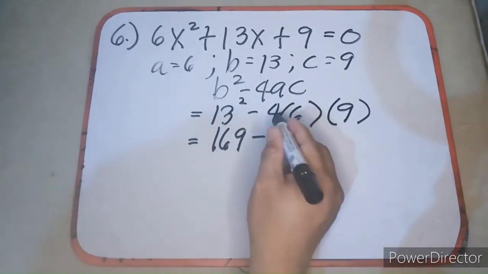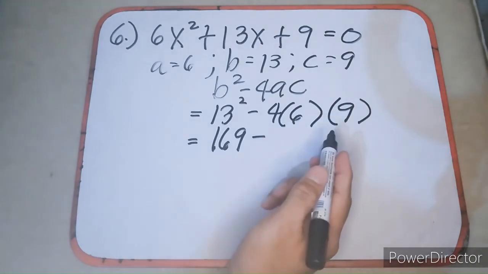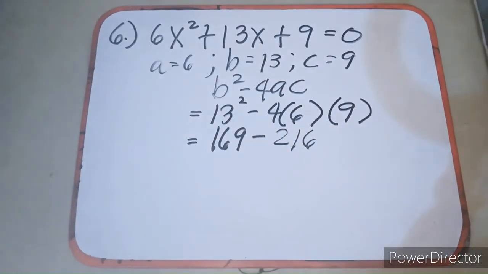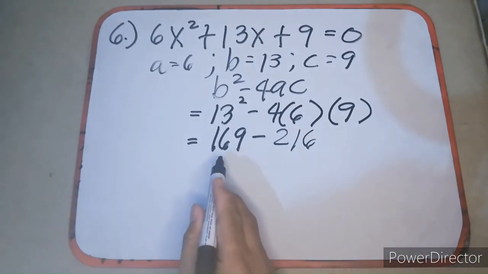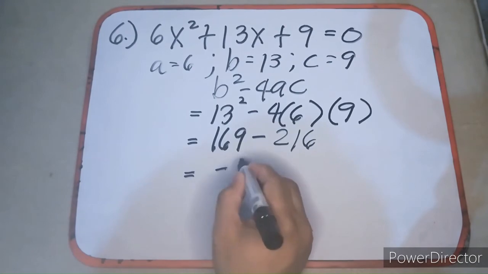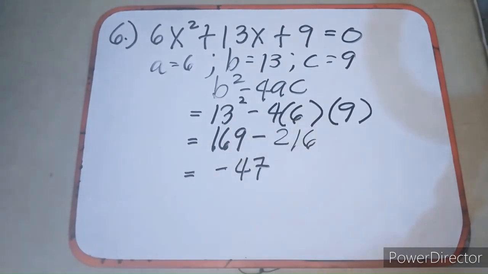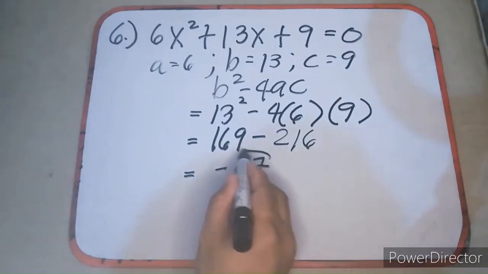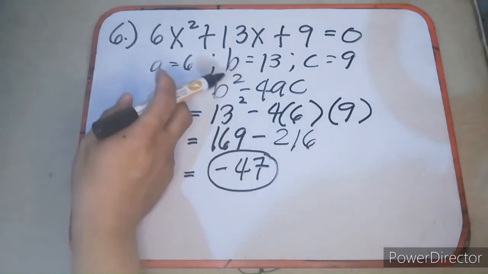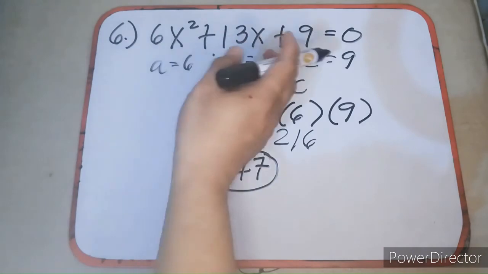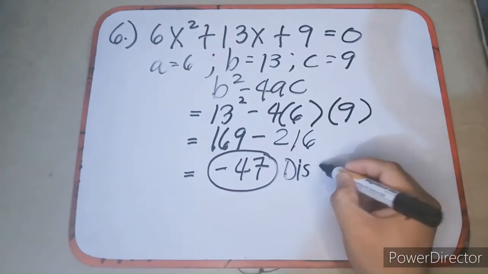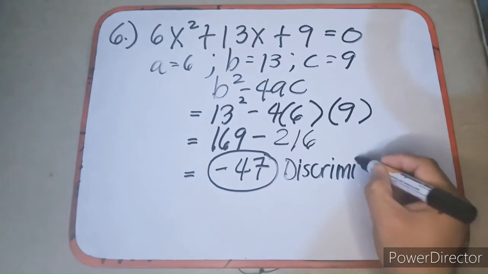Then minus 4 times 6 times 9 will have 216. Then from there, we have 169 minus 216 will come up with negative 47. So we come up with the value negative 47 when we evaluate this expression using these values of a, b, and c. So that negative 47 is what we call now as the discriminant.